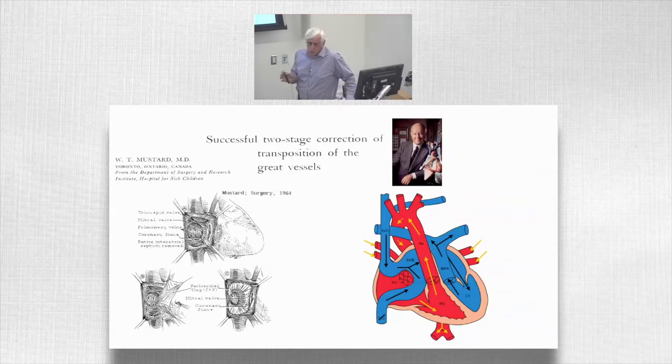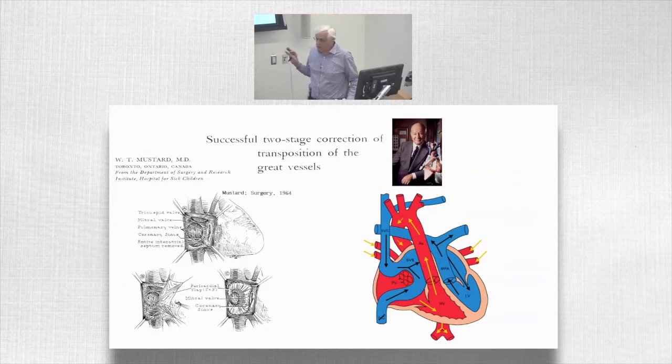Now, this was a huge breakthrough at the time, because for babies born with this condition, there was no remedy. This was published in 1964 and became the standard operation for transposition of the great arteries. And at Sick Kids, from 1964 up until about 1980, they did hundreds of transpositions with the atrial switch, with a mortality of around less than 2%.